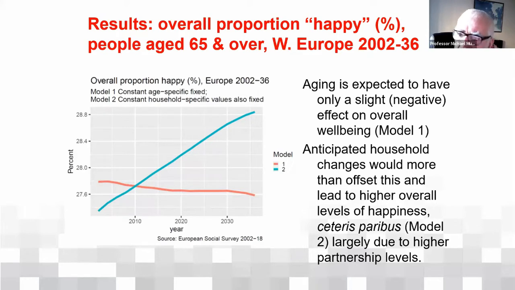And as they have high levels of happiness, this weighted average of the groups means that the overall population happiness would actually tend to increase over the period.